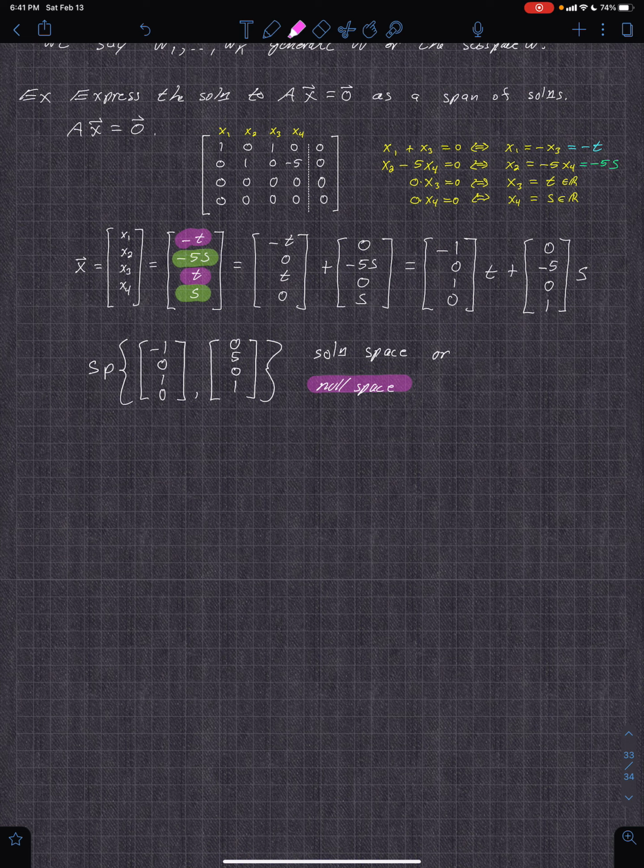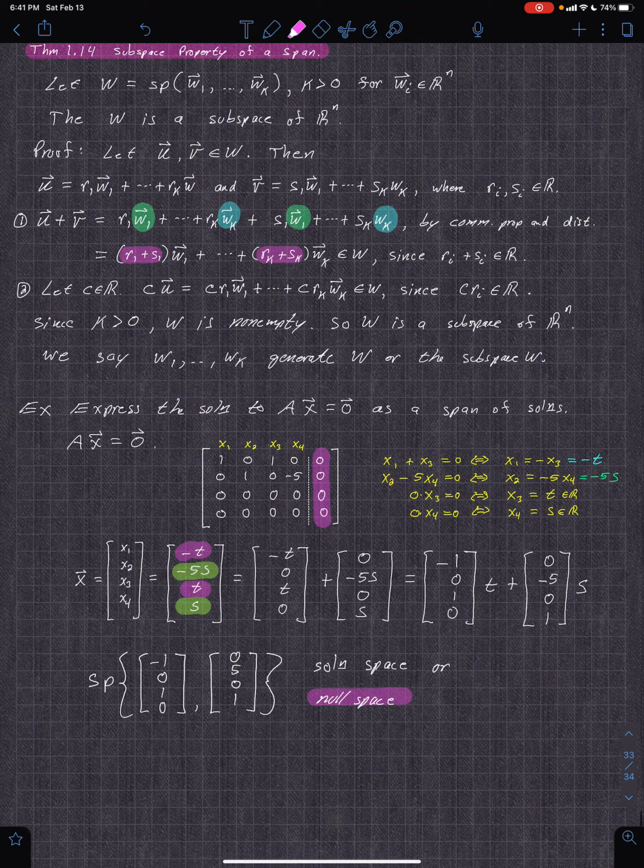Now this is homogeneous, so the null space is referring to the set of all solutions of a homogeneous system. Or we'll talk about the homogeneous counterpart to a system. So that's the null space, the span of the solutions of a homogeneous system. Okay.